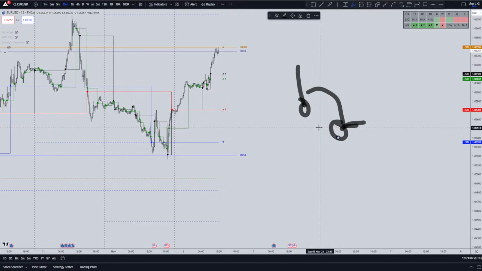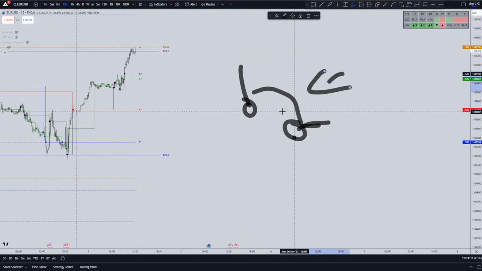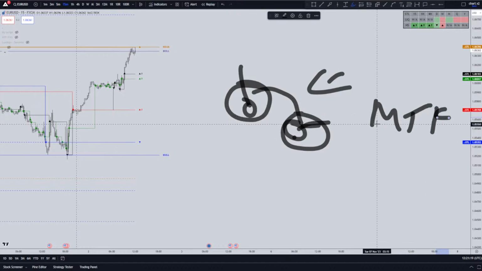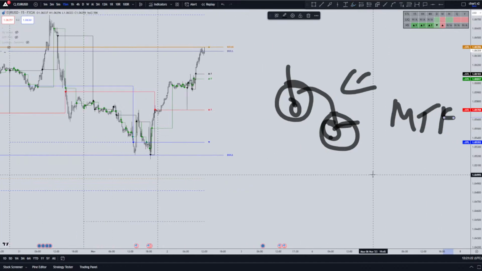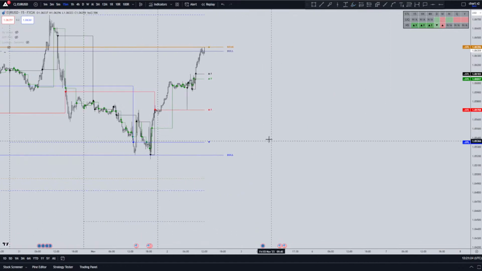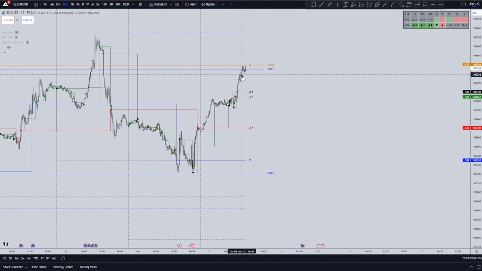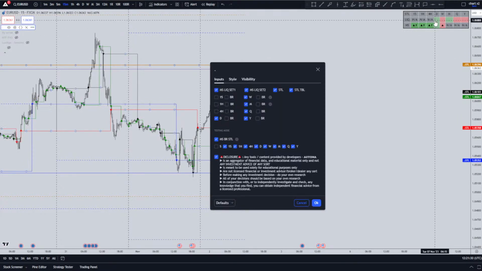You need to learn that first, to be able to read 2 time frames together before transferring further to multi-time frame. If somebody is not familiar with reading multi-time frame, there's no need for you to switch everything on.